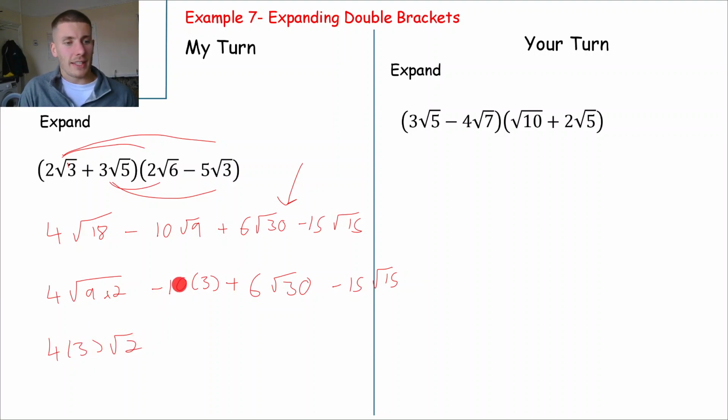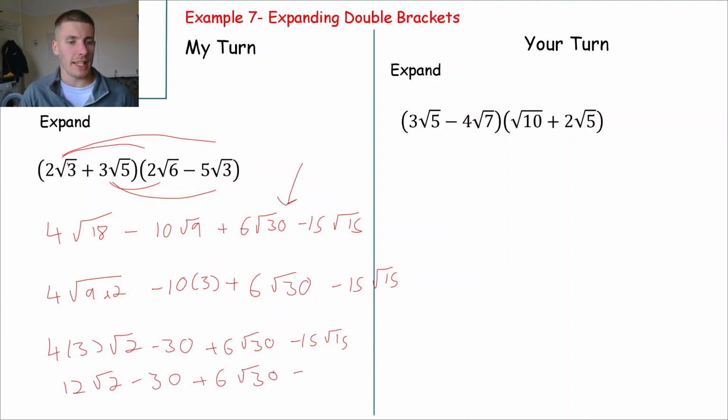We've then got negative 10 times 3, which is minus 30. So take away 30. We've then got plus 6 root 30. Take away 15 root 15. So 4 times 3 is 12. 12 root 2. Take away 30. Add 6 root 30. Take away 15 root 15.